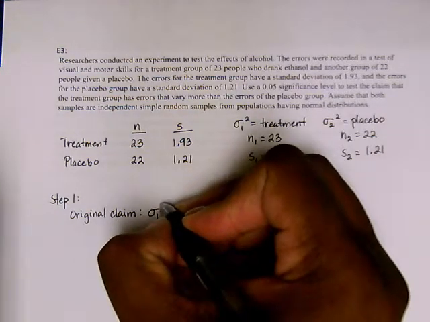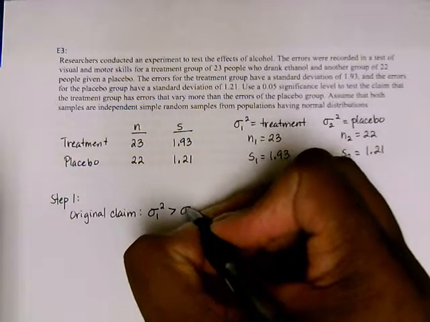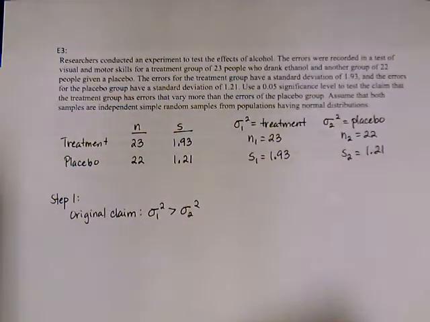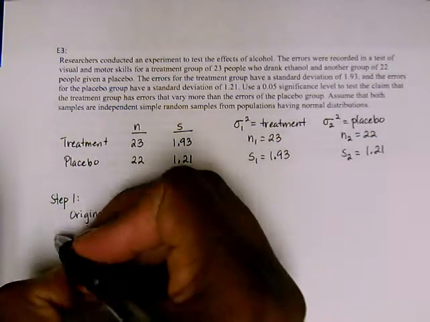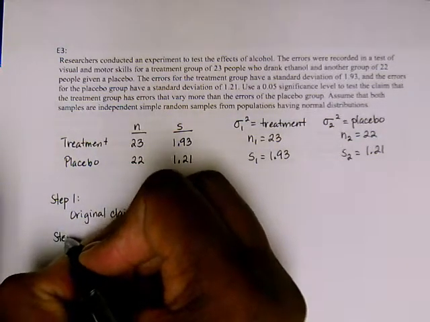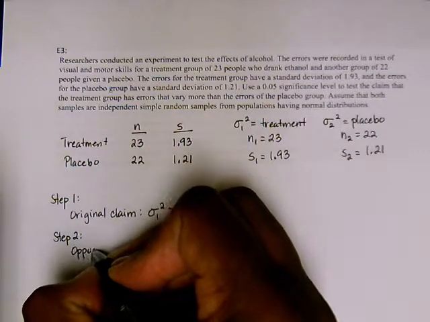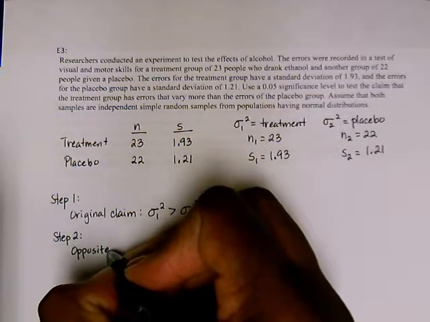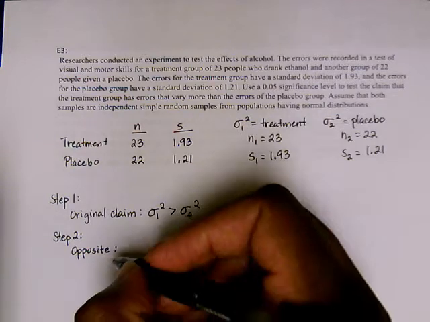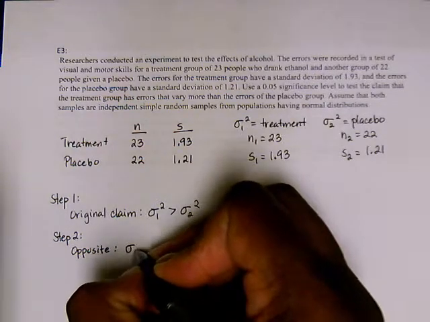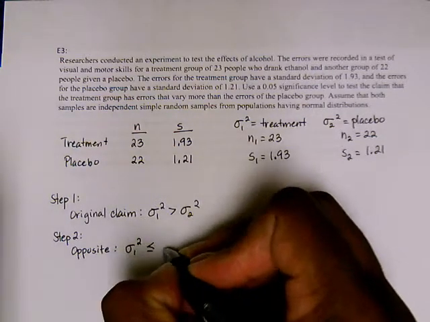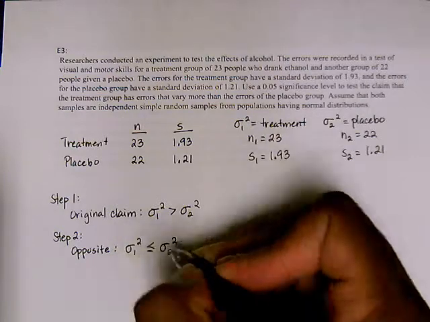So sigma 1 squared is greater than sigma 2 squared. Now step number 2 is the opposite of the original claim. Now the opposite of greater than will have to be less than or equal to. So sigma 1 squared would be less than or equal to sigma 2 squared.